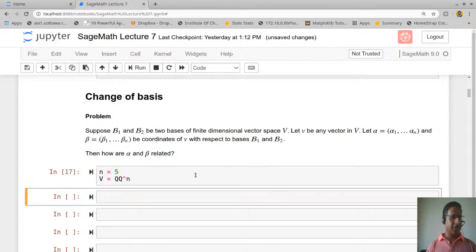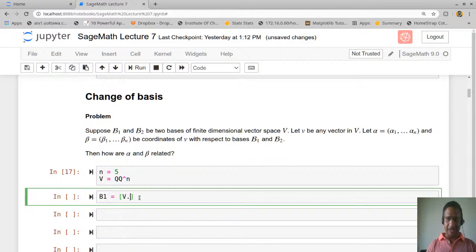Okay, this is the vector space, and you want to have two bases, beta 1 and beta 2, arbitrary bases. Of course you can generate 5 linearly independent vectors. So let us generate b1 as a random set of 5 vectors. How do I generate that? We will start a list.